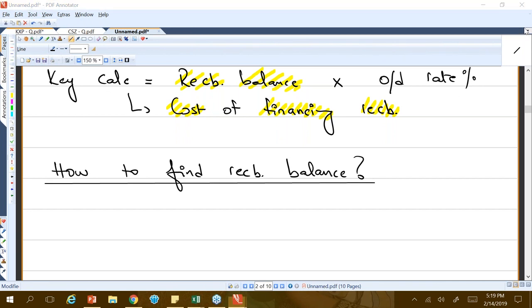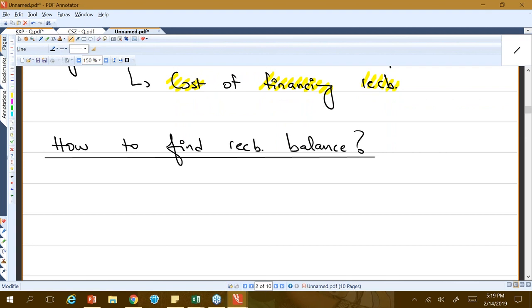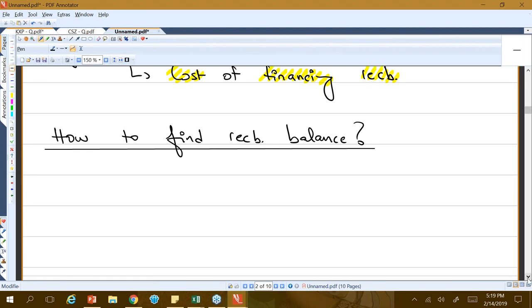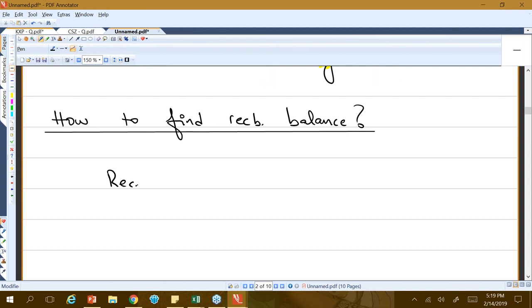To find the receivables balance, what you may be given in the exam is receivables days.